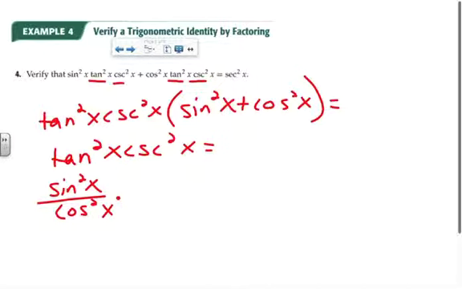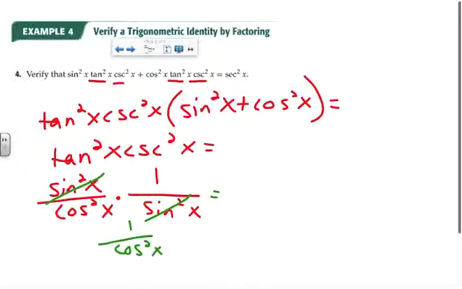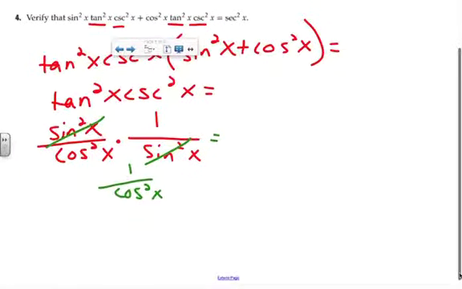And cosecant squared is 1 over the sine squared of x. And, well, this is convenient. These cancel out. And so I have 1 over the cosine squared of x, which naturally will simplify to secant squared of x, which is what I was trying to show it was equal to.